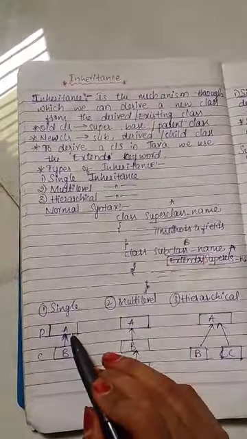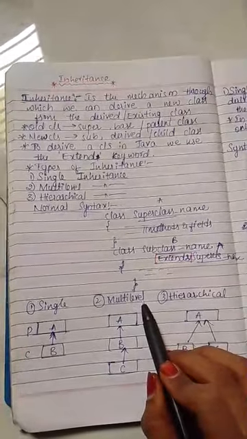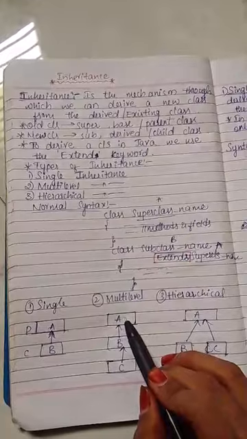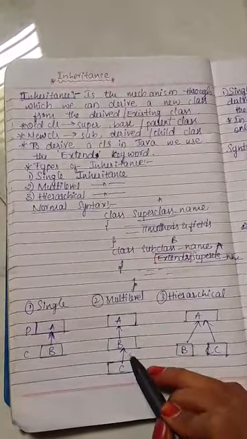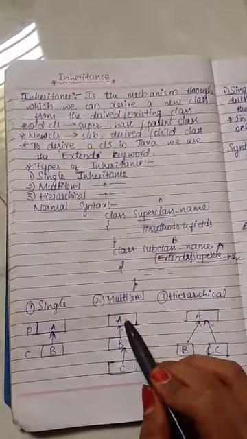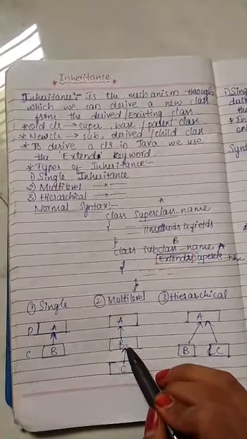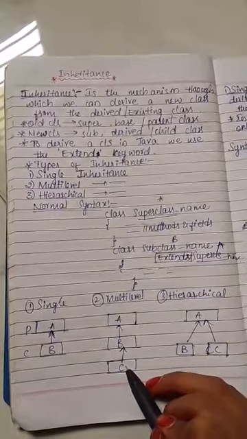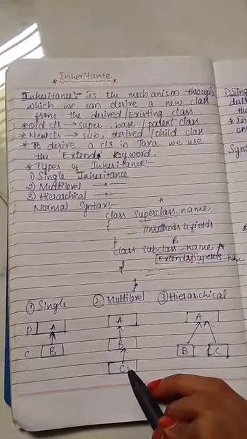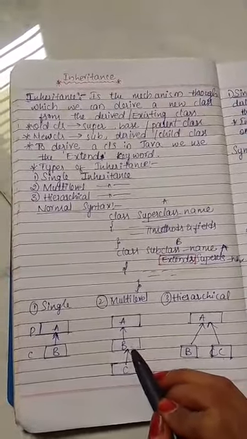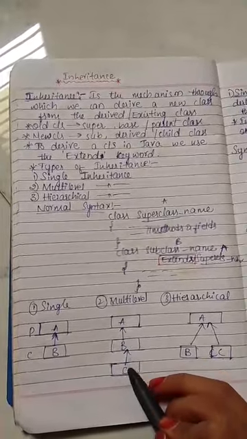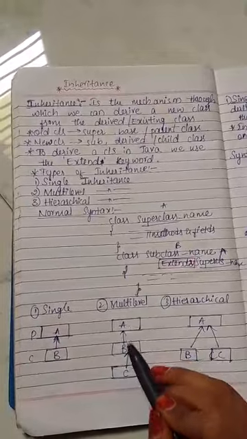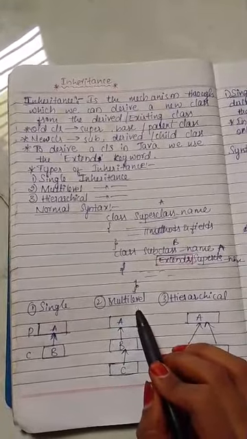Multi-level inheritance means A is a superclass to B and B is a subclass to A. When it comes to B, it is also a superclass to C. Again, C is a subclass to B. B can be superclass to C and subclass to A. This is multi-level inheritance.